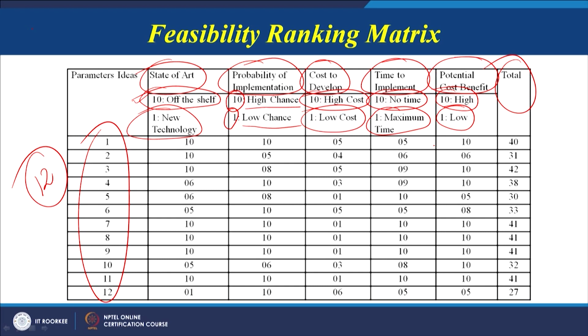Take one example, suppose idea number 9: 10 plus 10 is 20, plus 1 is 21, plus 10 is 31, plus 10 is 41. So this is the score for idea number 9. We will see which ideas have the maximum score. Maybe idea number 3, where I feel the score is 42, and I think there is no other idea with a score more than this. So I think this is the idea which we can take forward.